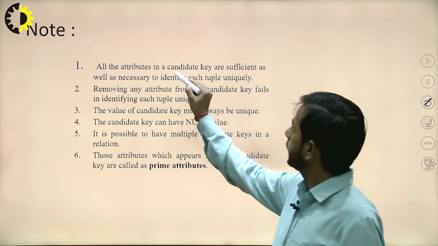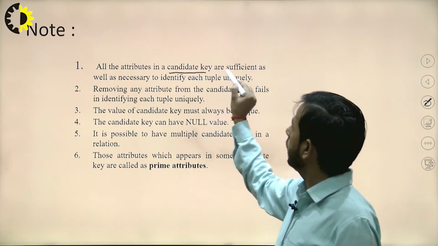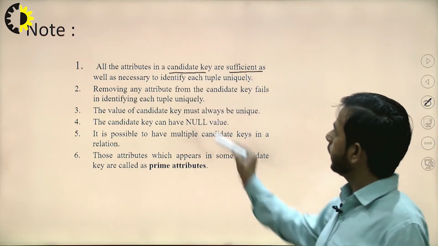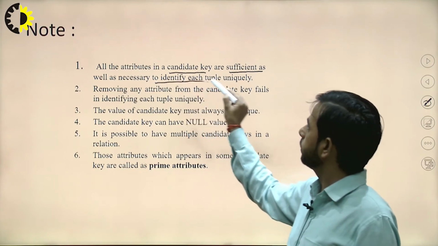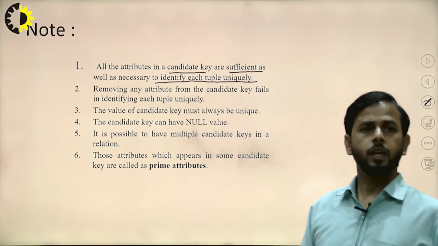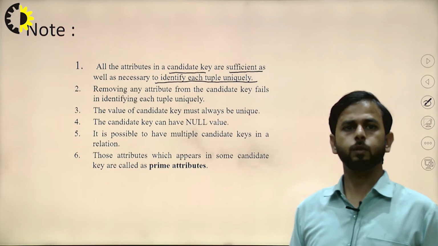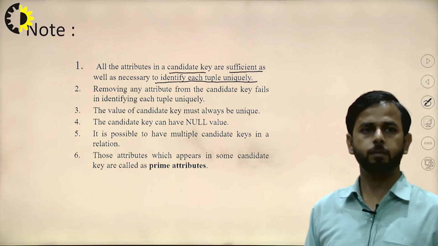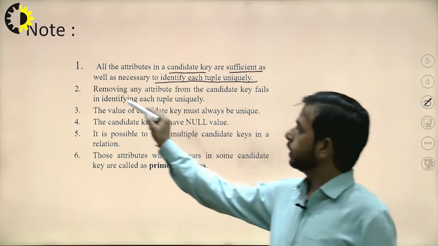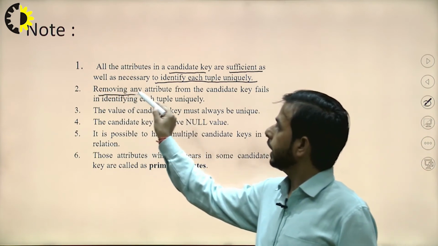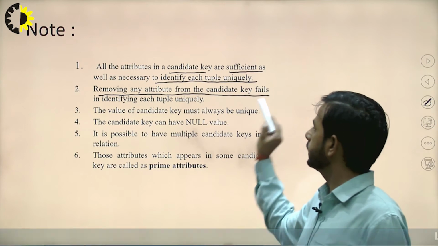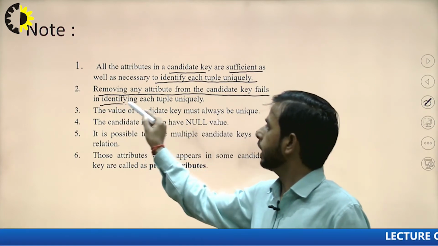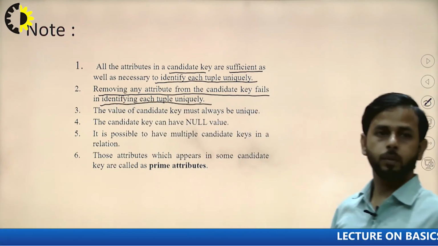Removing any attribute from the candidate key fails in identifying each tuple uniquely.